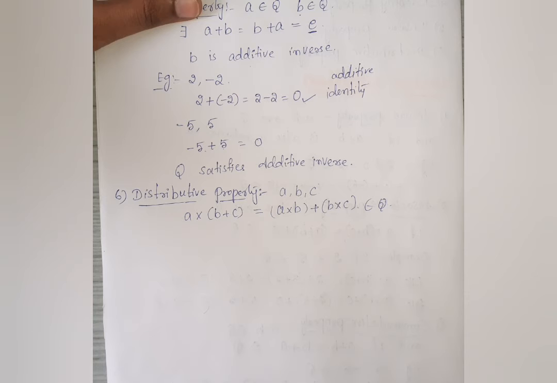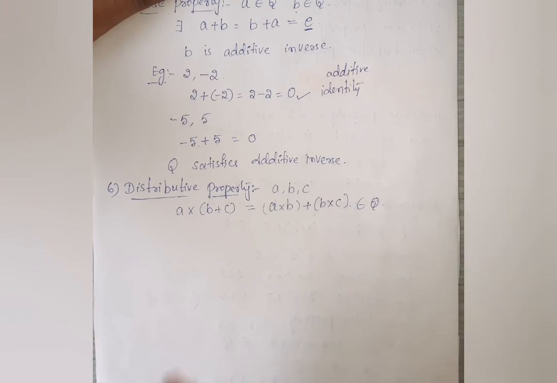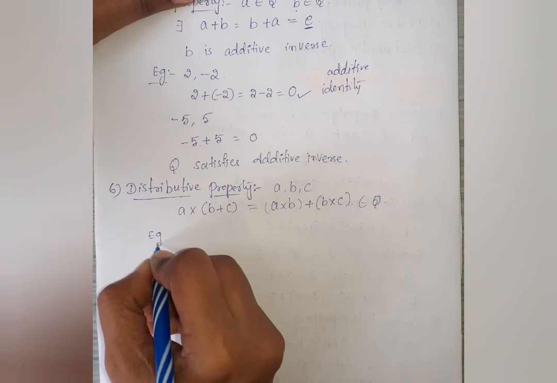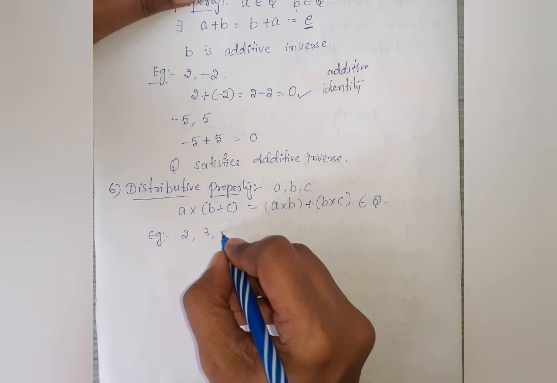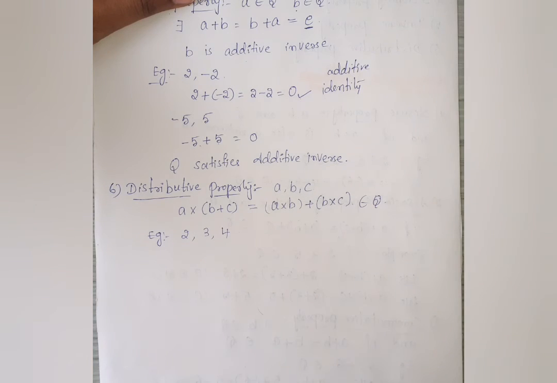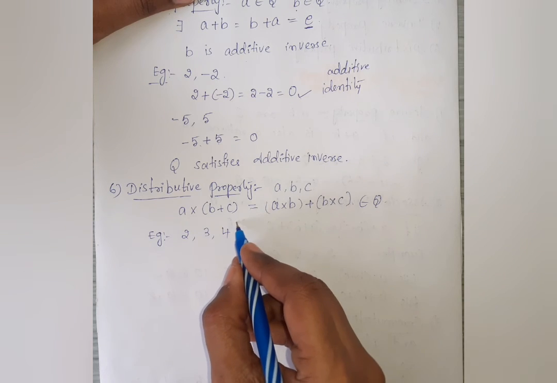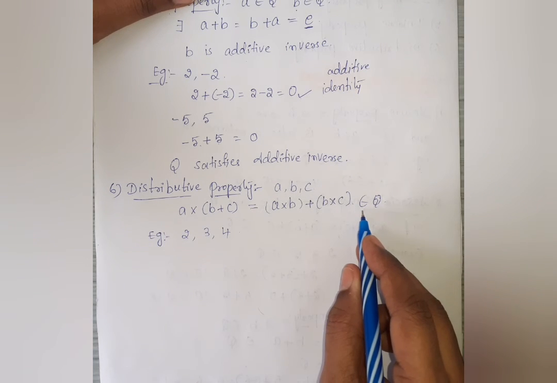Then we say that the set of rational numbers is distributive under addition. To understand this property, let us take one example. Suppose 2, 3 and 4 are the three rational numbers. This is the left hand side equation and this is the right hand side equation.